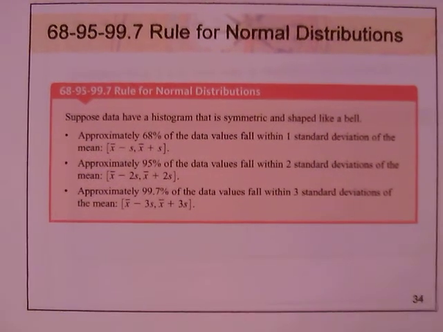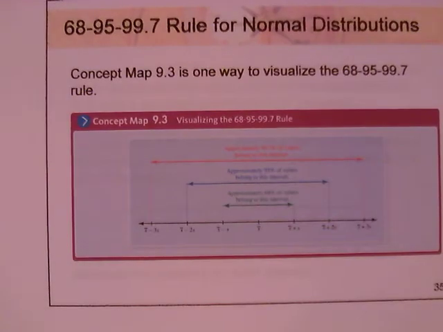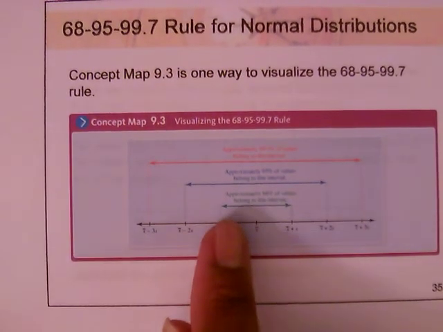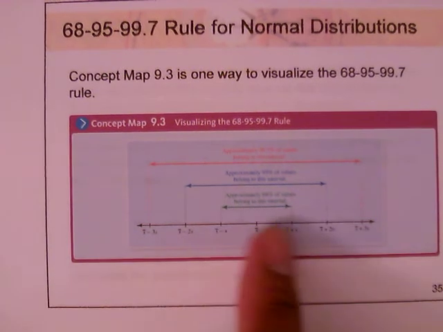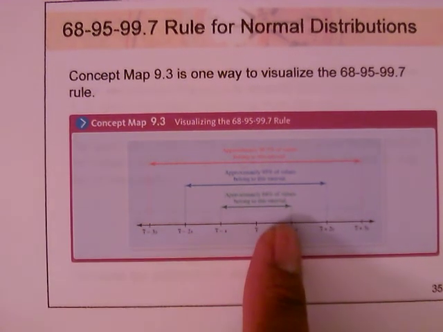Okay, so this represents the concept map to visualize the 68, 95, 99.7 rule. So here, this green line represents one standard deviation of the mean. That's within one standard deviation of the mean. Approximately 68% of the values fall within this interval.